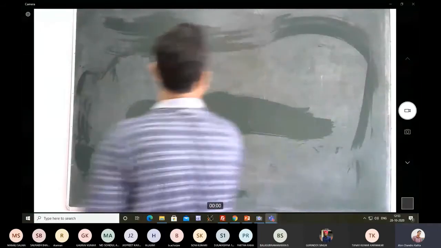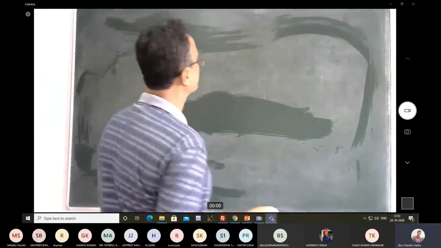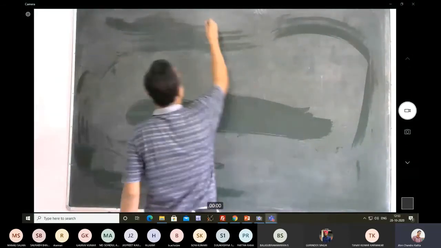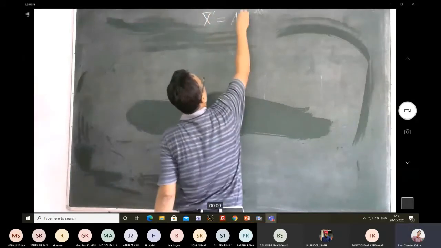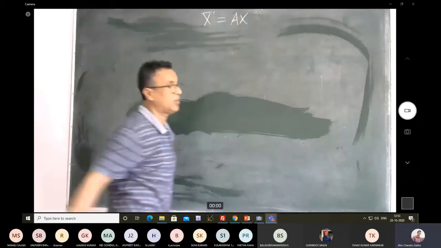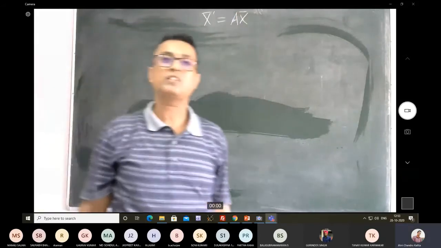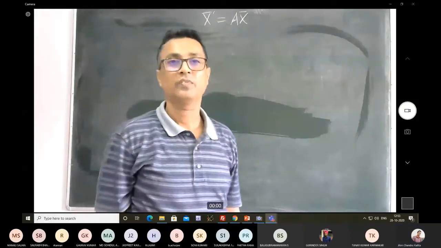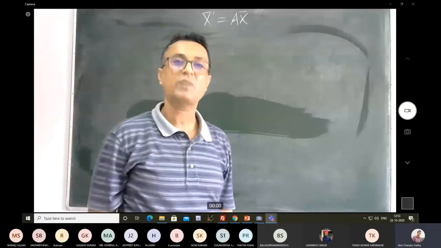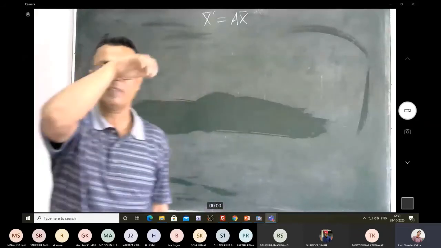So I am going to deal with a system of equations given by this, where the entries of the matrix A are constants, generally real constants. Is it okay? Fine.